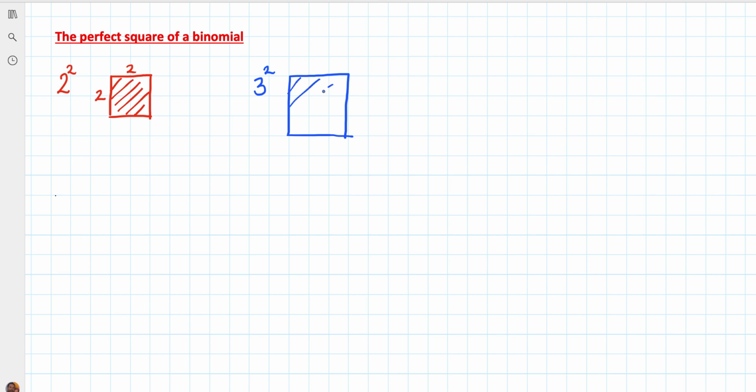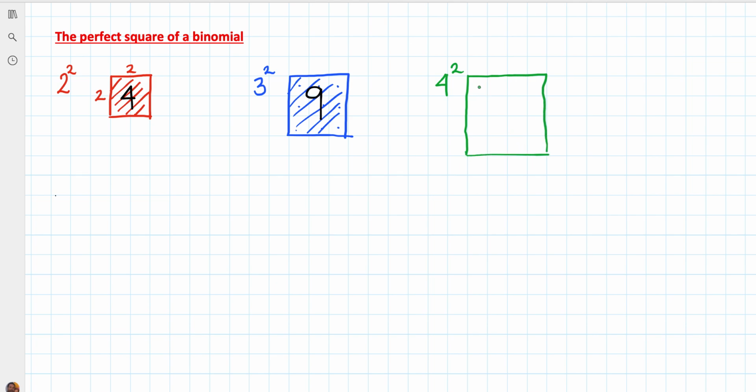And how many units do I have in that area? If we count, 1, 2, 3, 4, 5, 6, 7, 8, 9. So I have 9 squares. And 2 times 2 is 4 squares, agree? Okay, what if I have 4 squared? 1, 2, 3, 4, and then 1, 2, 3, 4, and boom.